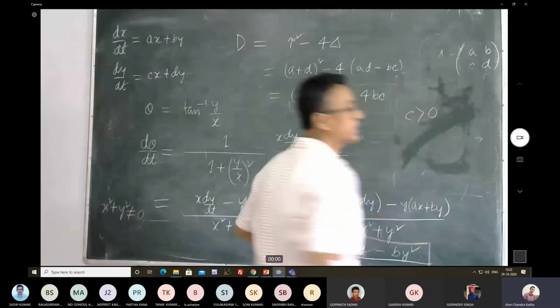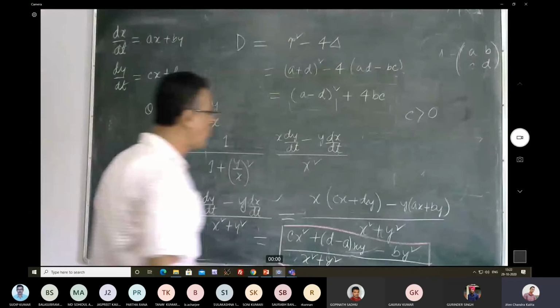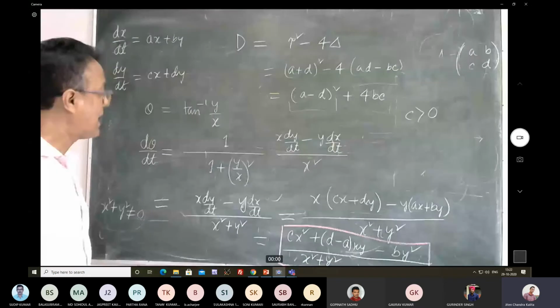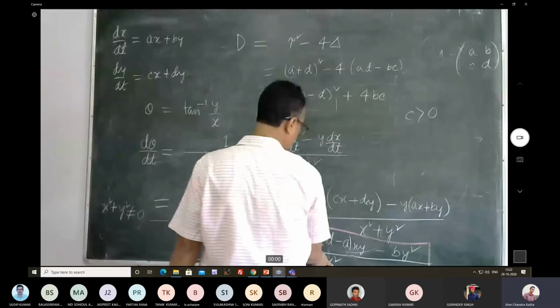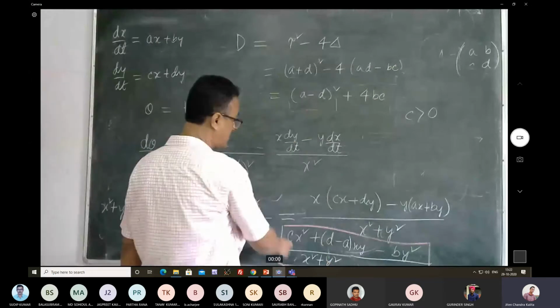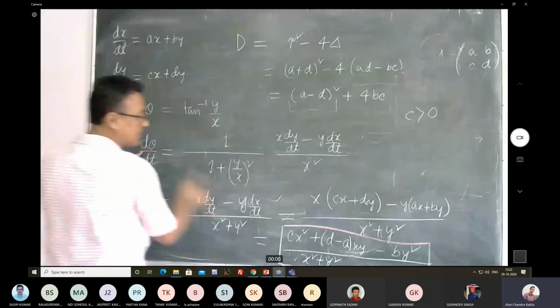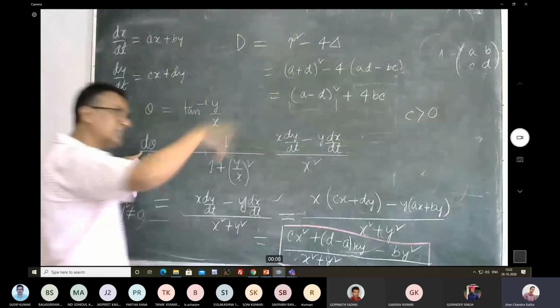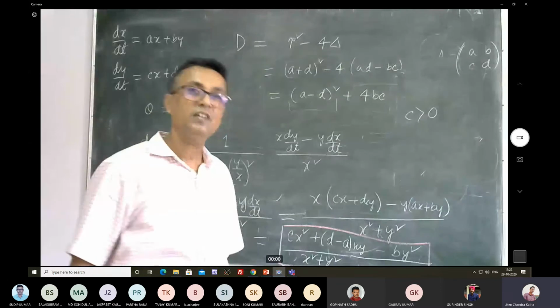Now if C is greater than 0, when y is equal to 0 in this expression, dθ/dt is simply going to be equal to C, and that is strictly greater than 0. Is it okay?